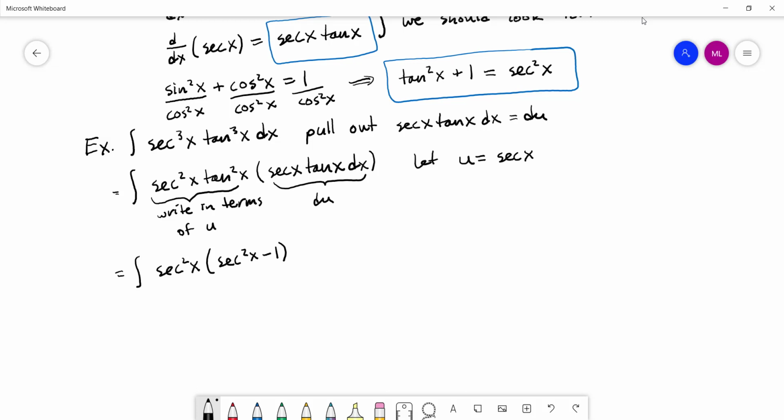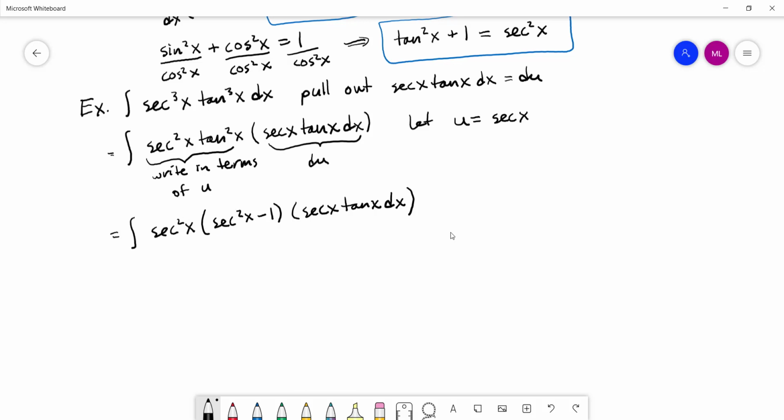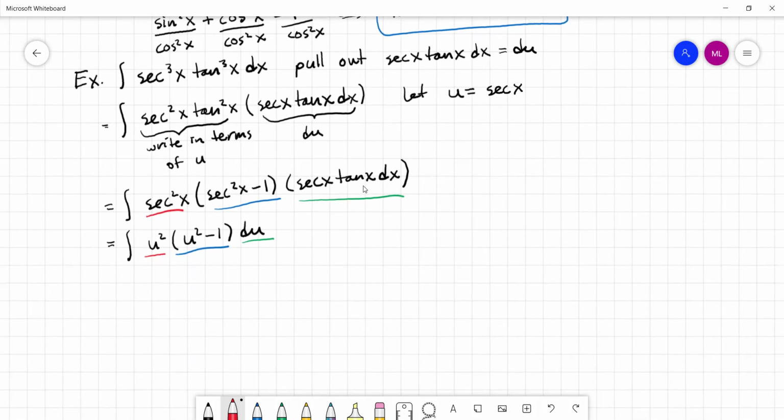So that is the tangent squared term. And now I have secant x tangent x dx. I have everything in terms of u and du, and we can now write it in terms of that. So we've got a u squared minus 1, and a du. Just to be totally clear, here's how those pieces all match up. Hopefully that's clear.